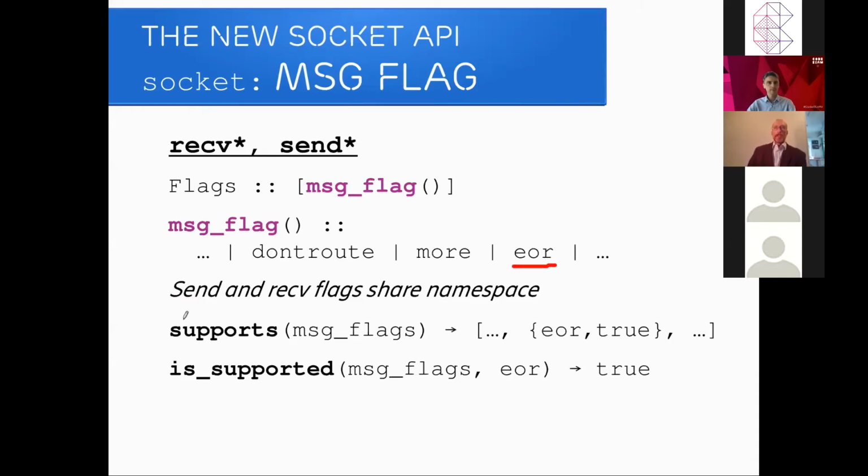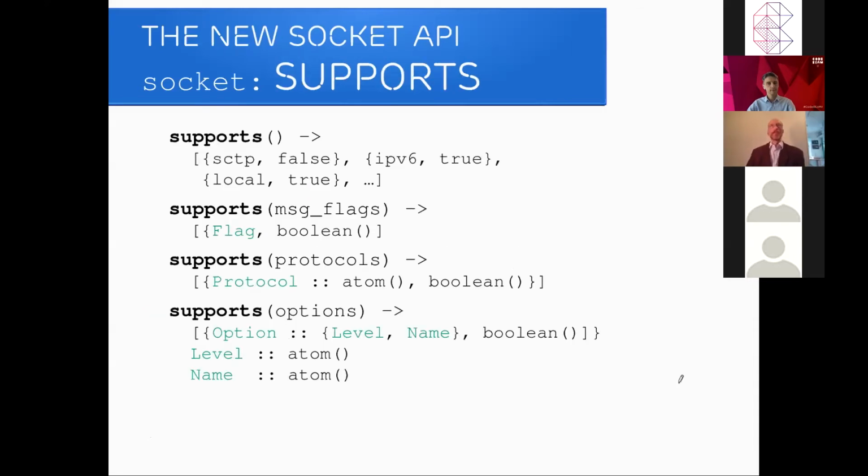One more thing to check besides the platform documentation is that we have support functions. One is called supports, and the other is isSupported, which report if a flag is supported or not in two different ways. The supports function returns a list of features and whether they are supported or not.